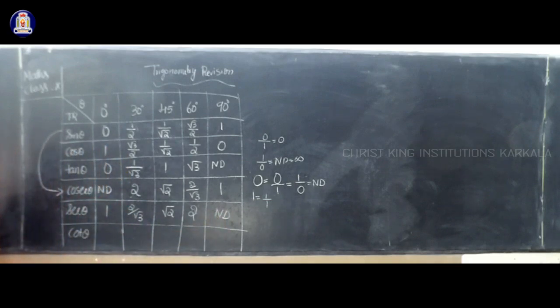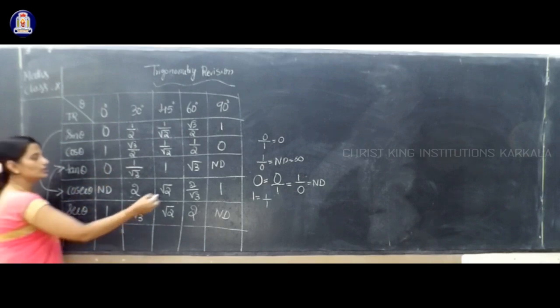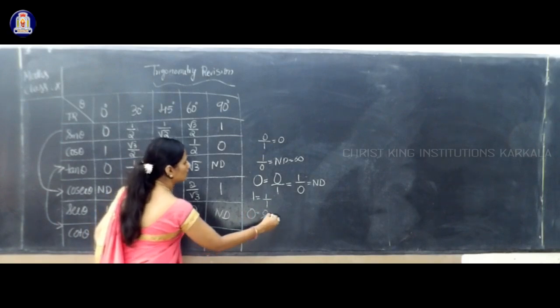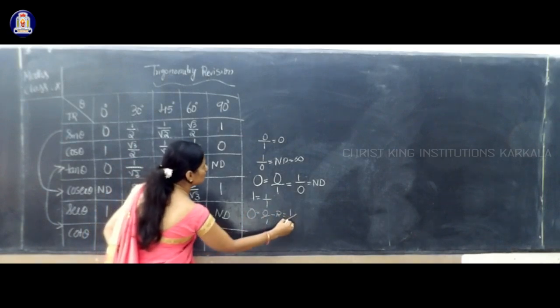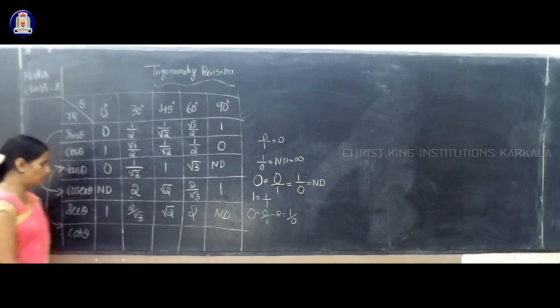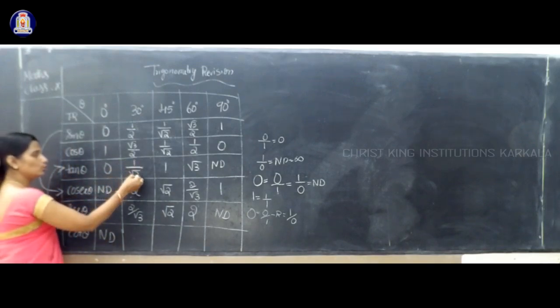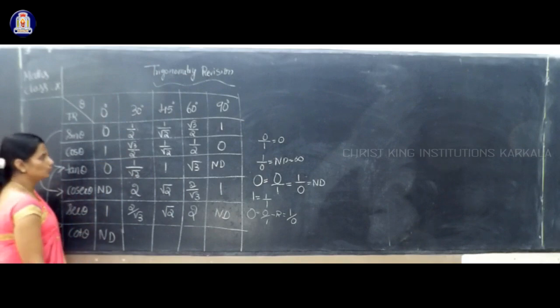How to get cot? Take the reciprocal of tan. So for 0, the reciprocal: 0 is 0 by 1, and taking the reciprocal gives 1 by 0. 1 by 0 is not defined. Next, 1 by root 3 gives root 3. Then 1 reciprocal is 1. Root 3 becomes 1 by root 3.